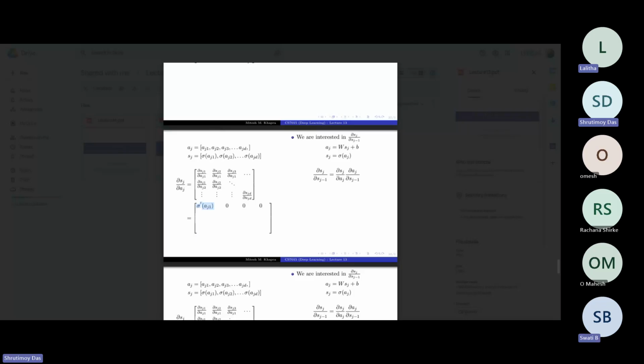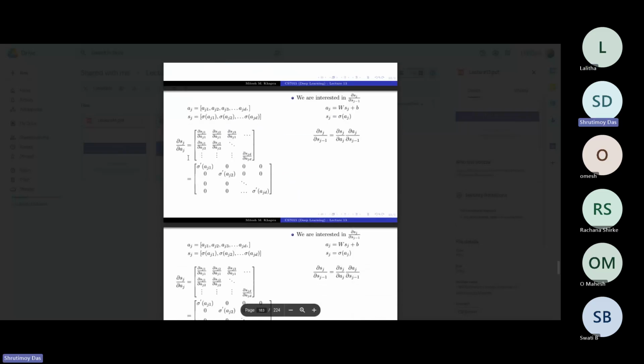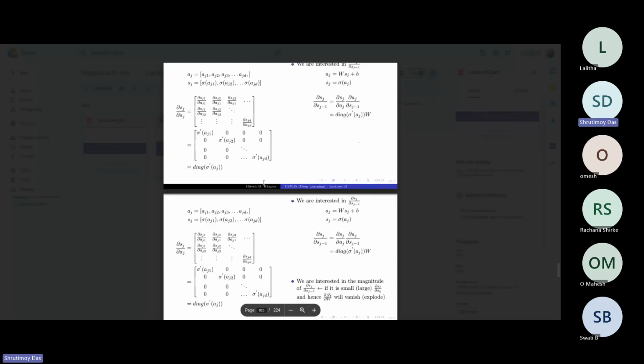This is basically sigma of Aj1 with respect to Aj2. Aj1 does not depend on Aj2, so these are all zeros. You get that, right? That means this will be a matrix where you have non-zero elements only on the diagonal and the rest will all be zeros. Yeah, this is what we have.